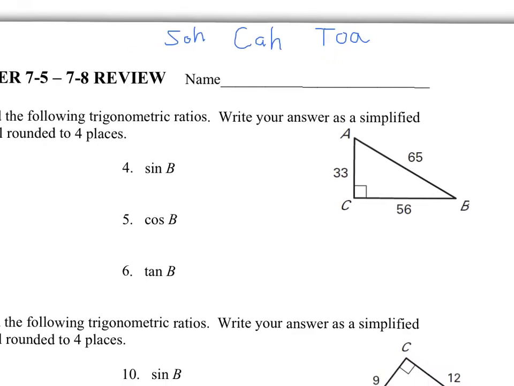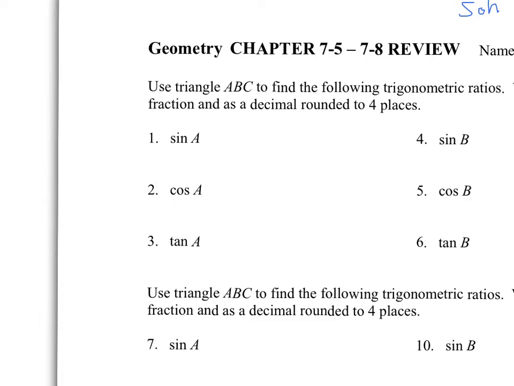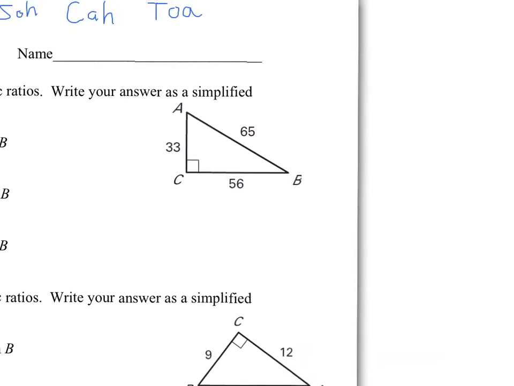And these first set of problems, 1, 2, and 3, we're looking at the triangle from the point of view of angle A. So, if we're looking at this from angle A, that's what we're starting with.